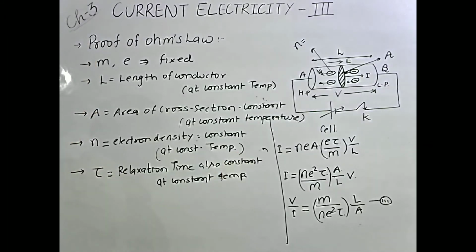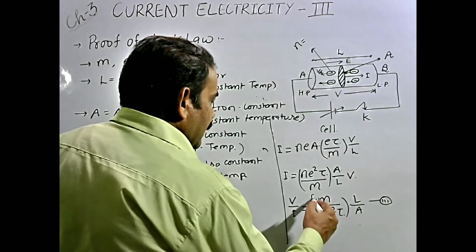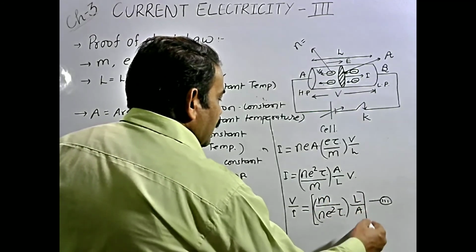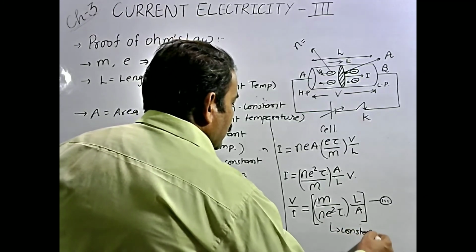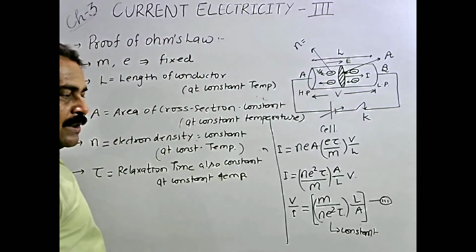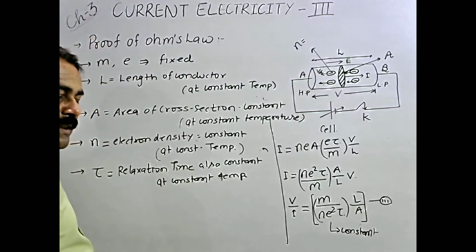Understand? That means if the temperature of the conductor remains constant, then length, area of cross section, electron density and relaxation time, all these quantities remain fixed or constant. That means in the third equation all these terms remain constant at constant temperature. So here these quantities are named the resistance of the material of the conductor.